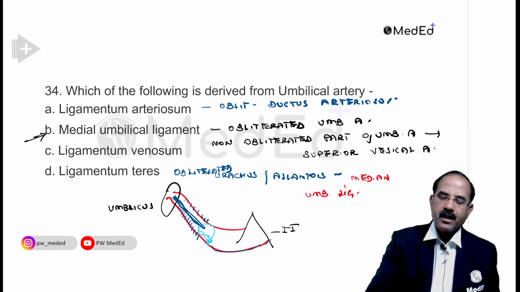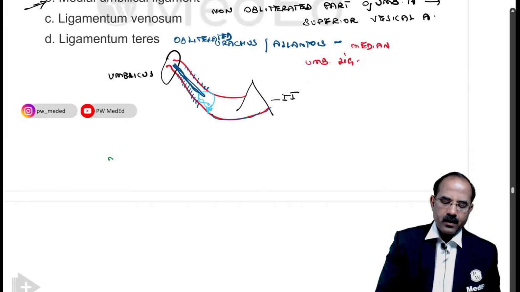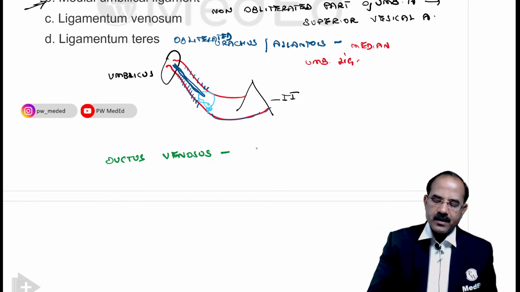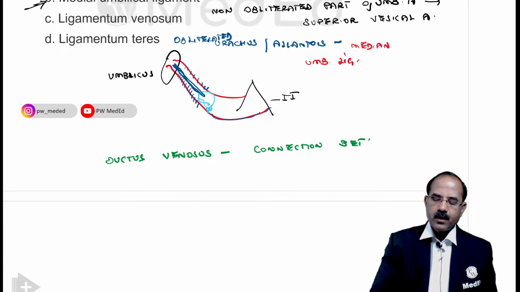What is ligamentum venosum? One moment. I'll just write it down for you. Ductus venosus. What is ductus venosus? It's a connection between left branch of portal vein and IVC.